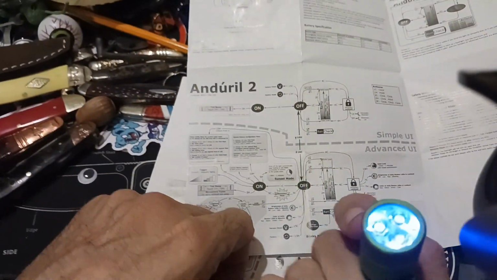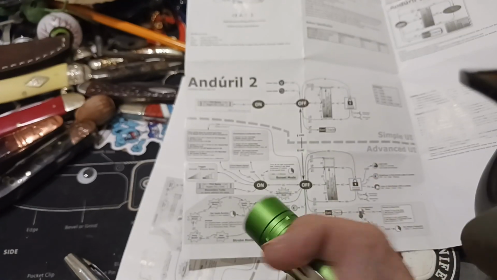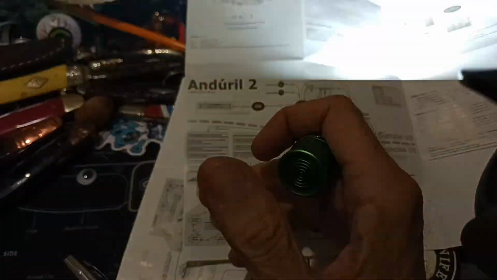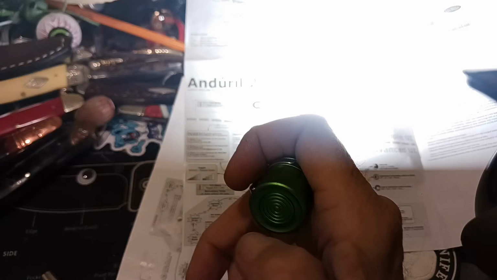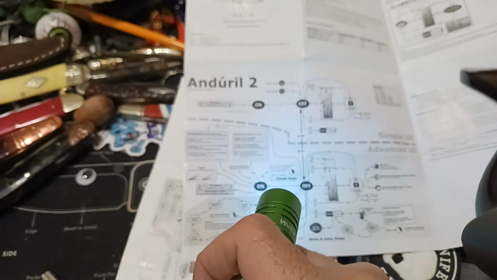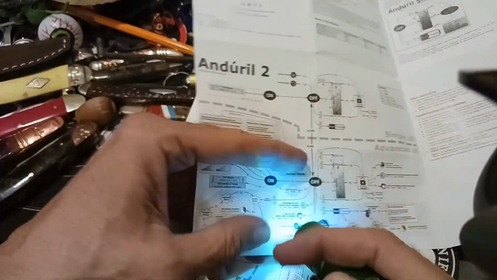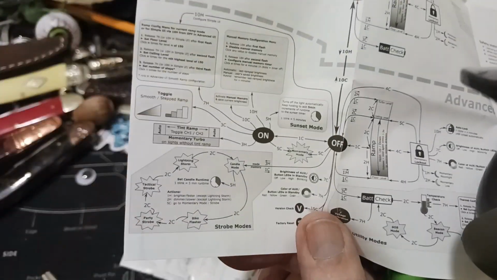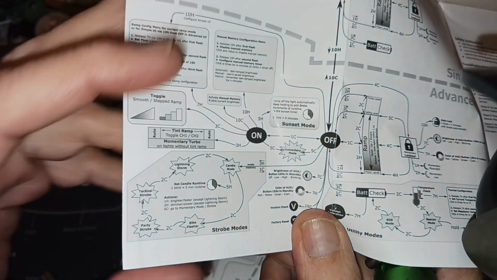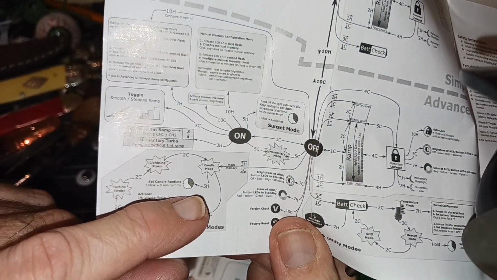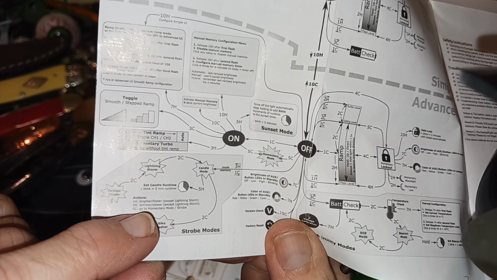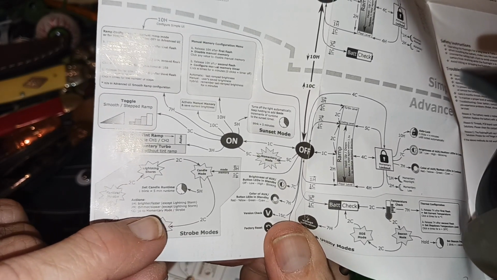Now, if I wanted that to be the thing for my emergency thing, it's 1, 2, and it stays on as soon as you let off. And then you turn it off like that. Now, if you wanted a momentary strobe, let me turn this light back on. 5 click to go to momentary mode strobe.